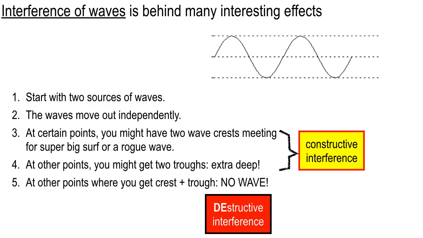And after half of a period, you'll be down at the bottom of the trough, and that's constructive interference. But a quarter of the way through the period, you'll be at a place where a peak from West Africa is interacting with a trough from Nova Scotia, flat water. So you'll be back to sea level just for that instant.